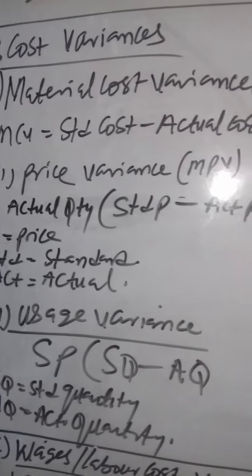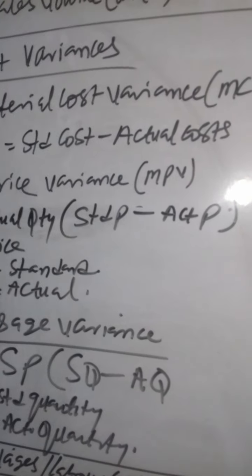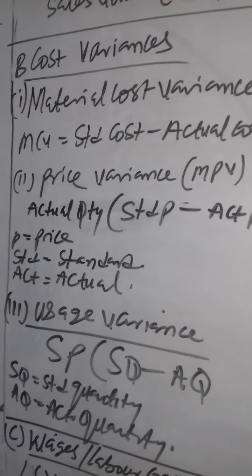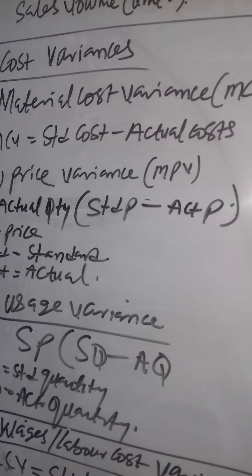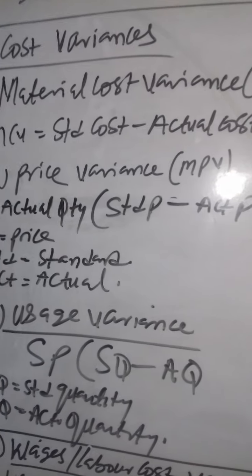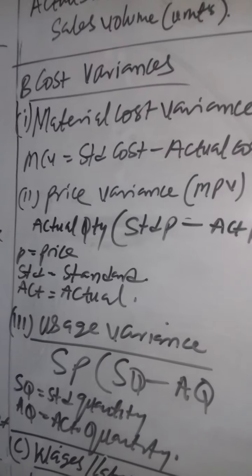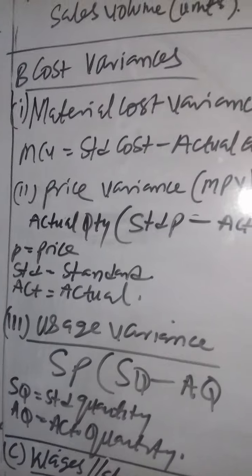material cost variance is equal to standard cost minus actual cost. That is, material cost variance is standard cost minus the actual cost of material for the period. Are we together? And this is subdivided into price variance.